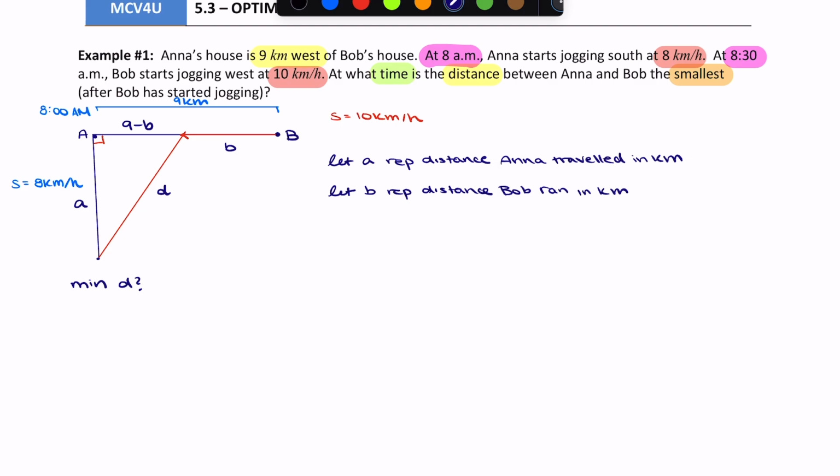And then we'll let D represent the distance between them, so between Anna and Bob, again in kilometers.